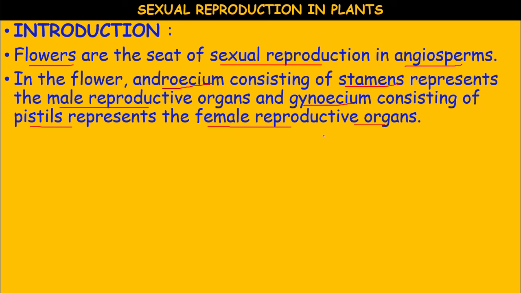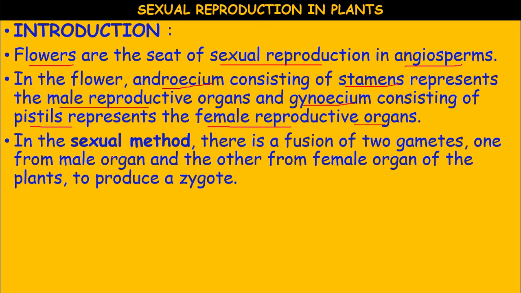The flower is called the reproductive shoot. In the sexual method, there is a fusion of 2 gametes, one from the male organ and the other from the female organ of the plant. Sexual reproduction involves the fusion of gametes and the formation of zygote.